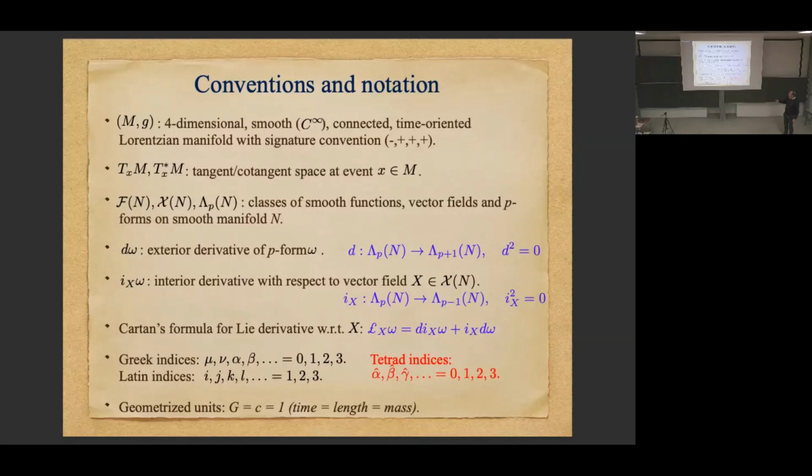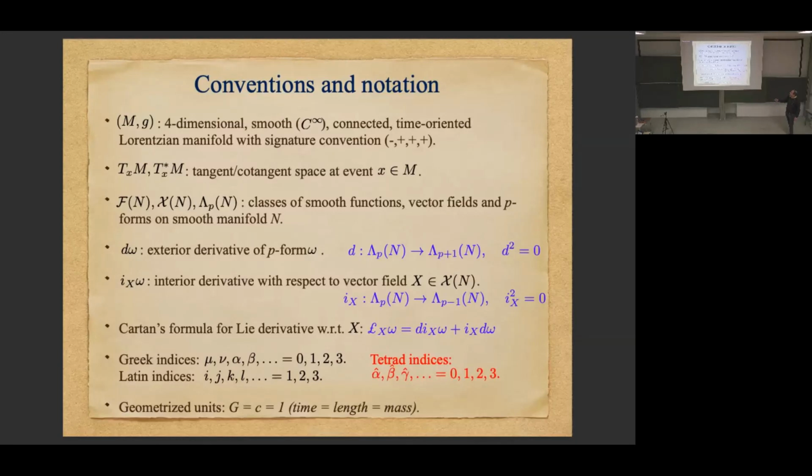For a function f, df is just the differential of this function, which is a 1-form, and so on. And here d squared is 0. And then i_X omega refers to the interior derivative with respect to the vector field X. That's just taking this p-form and plugging into the first entry the vector field X.